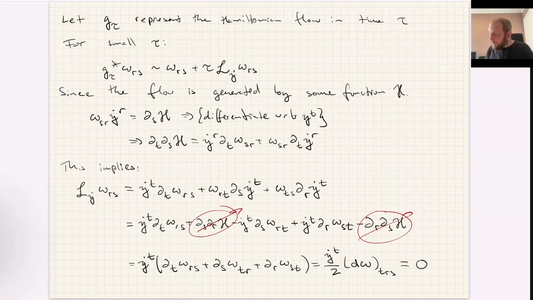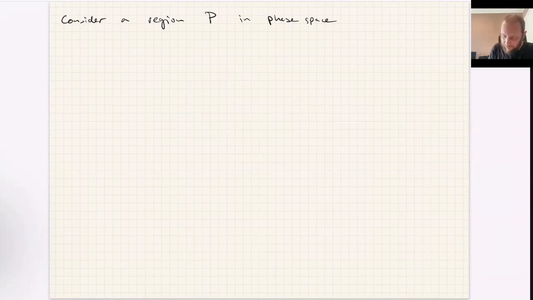So if we want to write that down, consider now a region P in phase space. So you would have some region P, and then during the time evolution here, that would map to some other region.